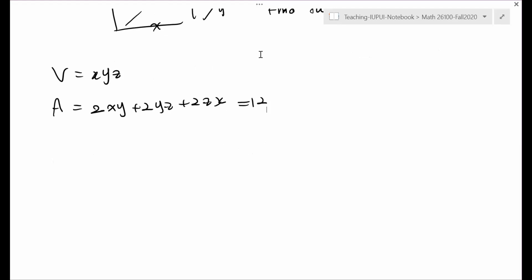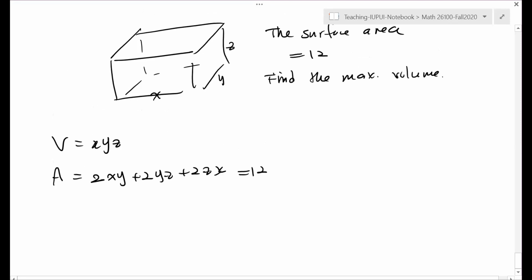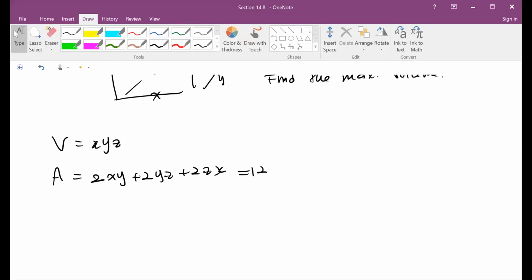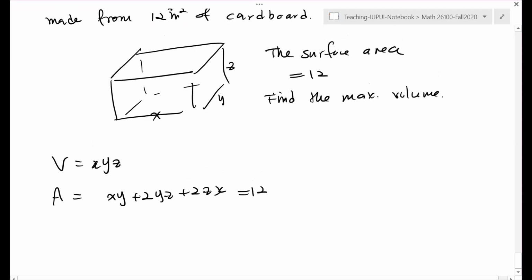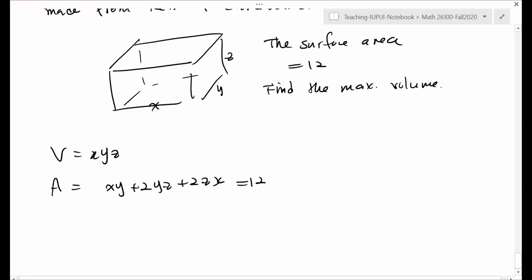Yeah, the box is without the top, right? Let me check. Yes. So we modified it. You're right. So remove this, but yeah, without it, otherwise it's probably a bit easier.